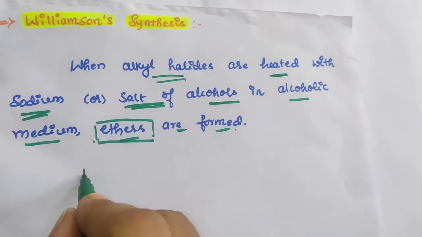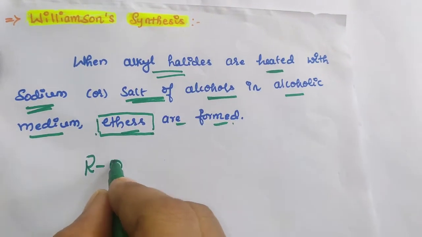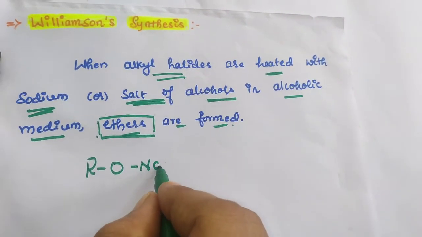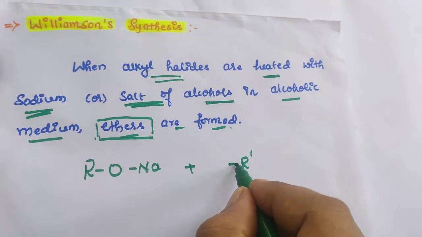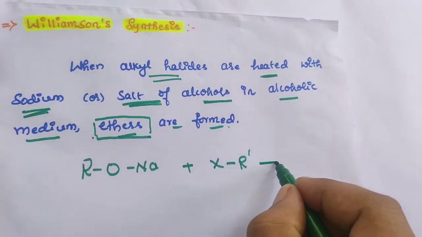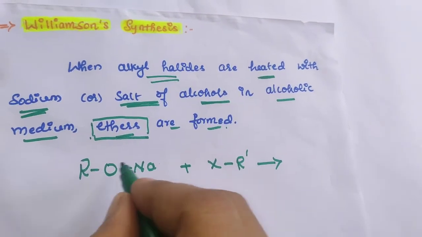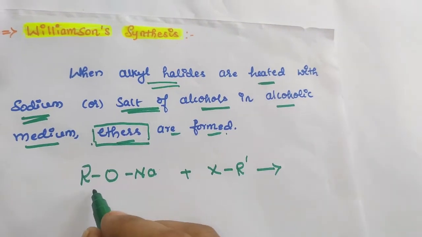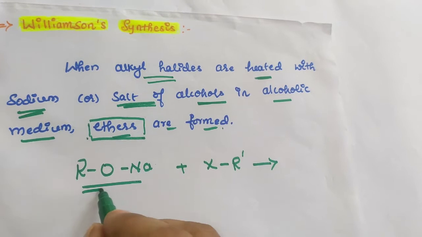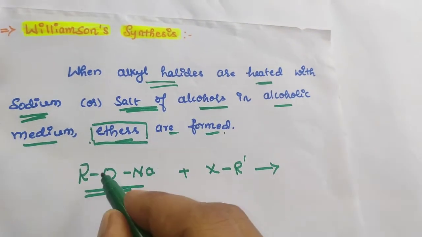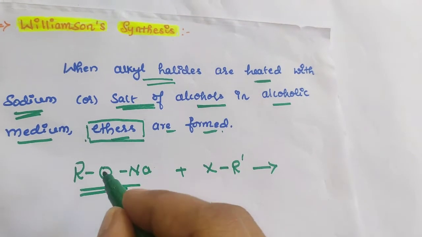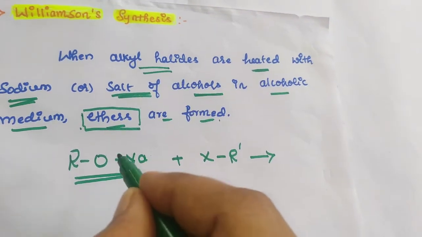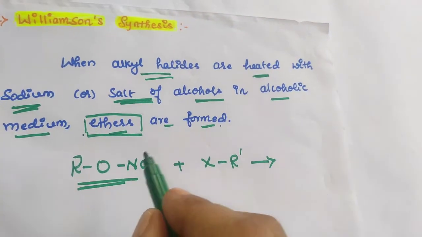The general reaction I am going to take here: RONa must be treated with the alkyl halide. For my convenience I am going to represent it here as R dash X, because here we are taking a sodium solution of the reactant in the form of an alcoholic solution.